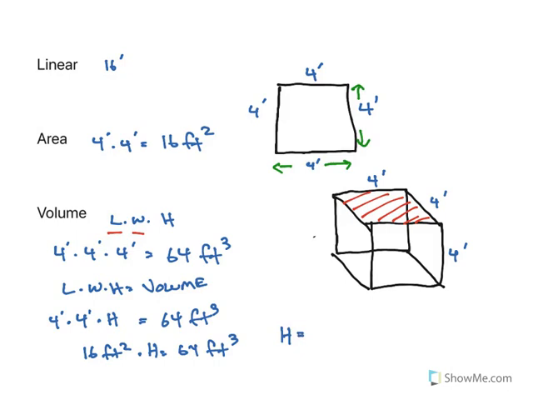H, remember, if we divide both sides of the equation by 16 square feet, we can get this variable on one side. So this is going to wind up looking like this, 64 feet cubed divided by 16 feet squared.